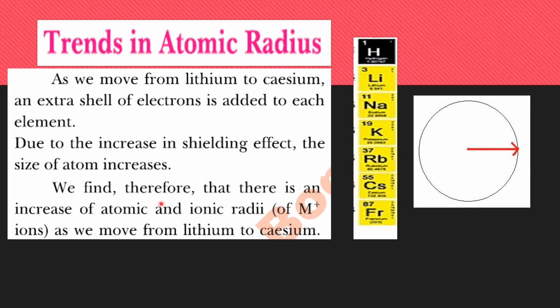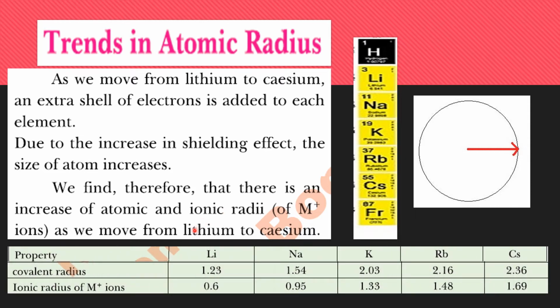And we find that there is an increase of atomic and ionic radius as we move from lithium to cesium. Here you can see the property is given. The radius of the atom increases, and when they are in the ionic state, their radius is also increasing down the group.